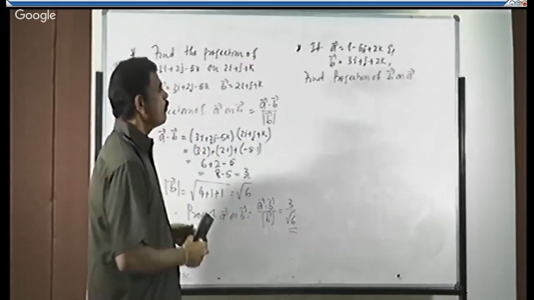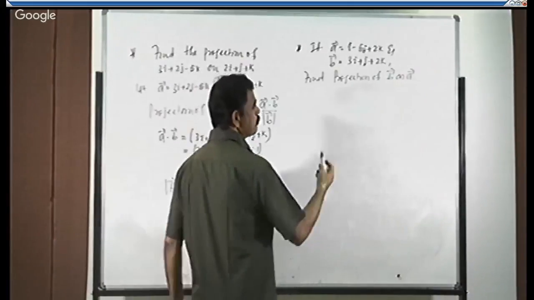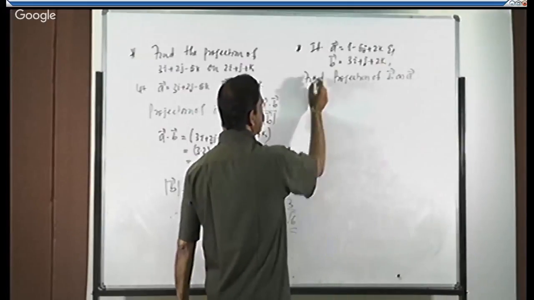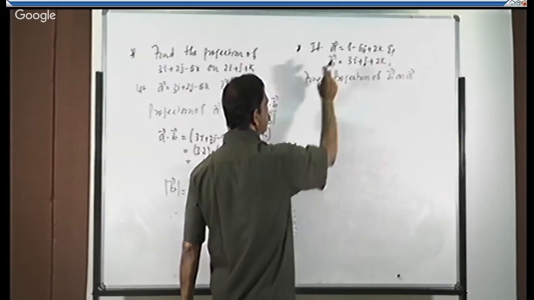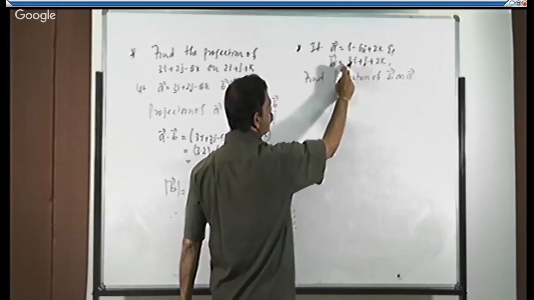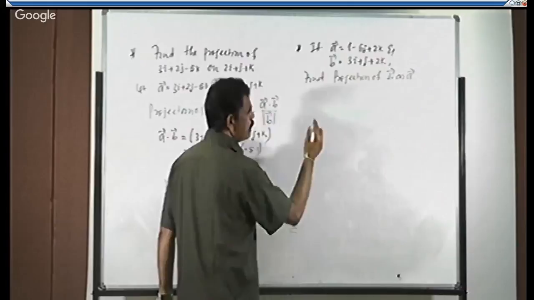Here we need to find the projection of B on A. They have mentioned that A is i minus 5j plus 2k and B is 3i plus j plus 2k.